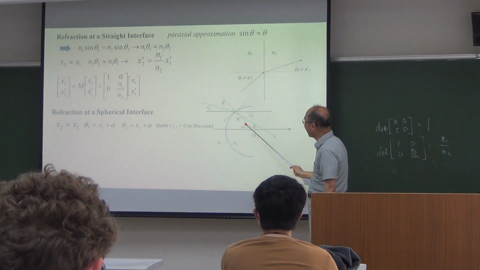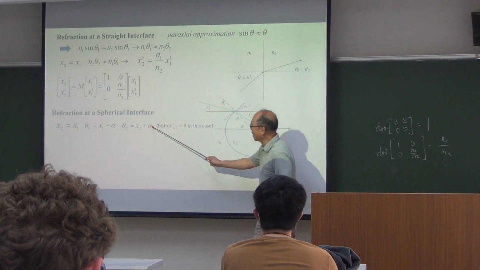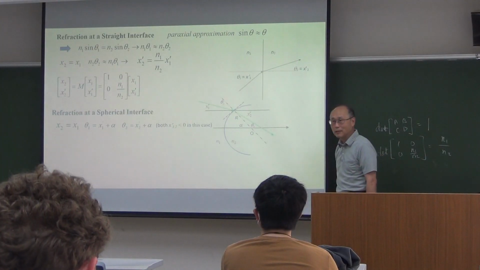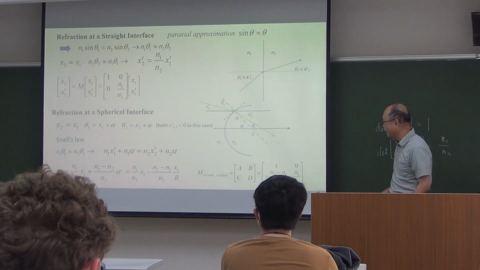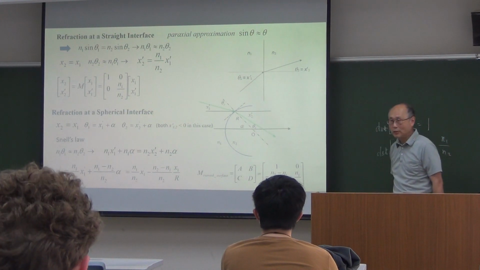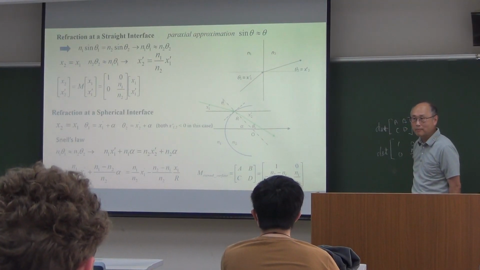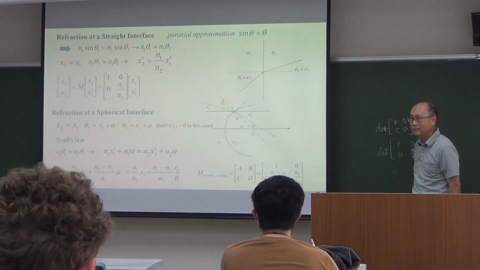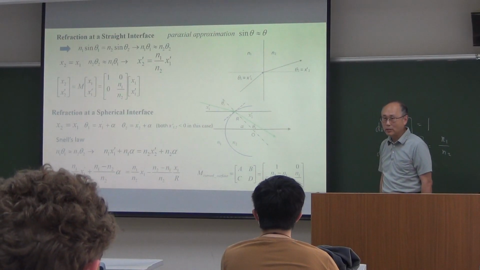But on the other hand, alpha in this construction is positive. Okay, so you have this calculation. And with the geometry, then you end up having an ABCD matrix for this curved surface. And I hope you went through this by yourself at home. Okay, so this is one surface.